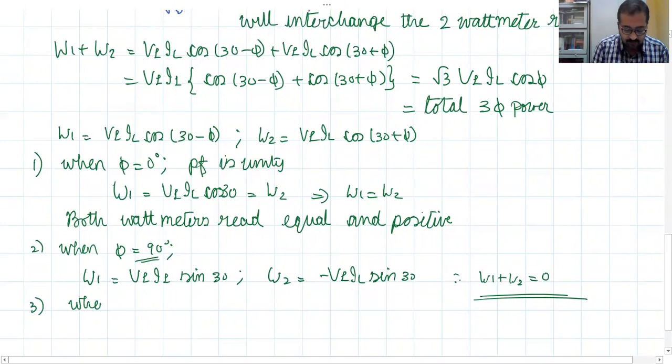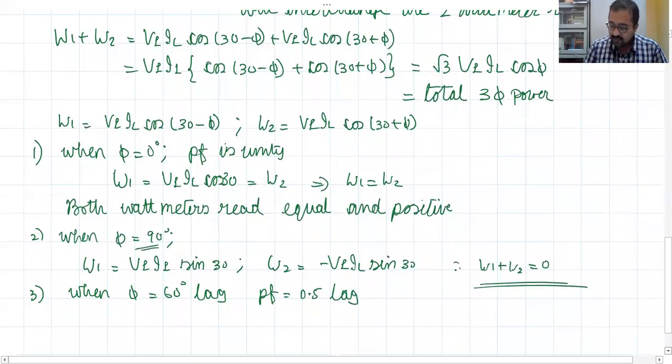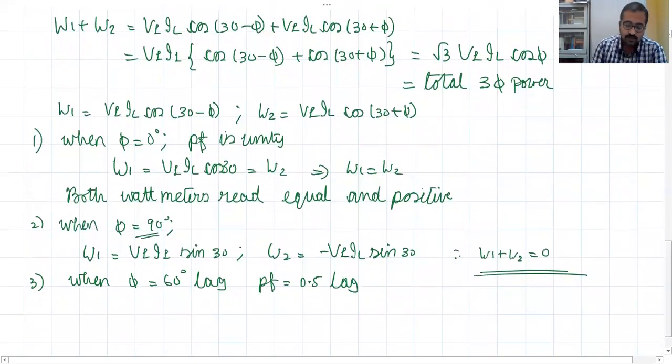Case 3. When phi equals 60 degrees lagging, that means the power factor is 0.5 lag. In this case, just substitute. W1 will be VL IL cos 30, and W2 will be 0.